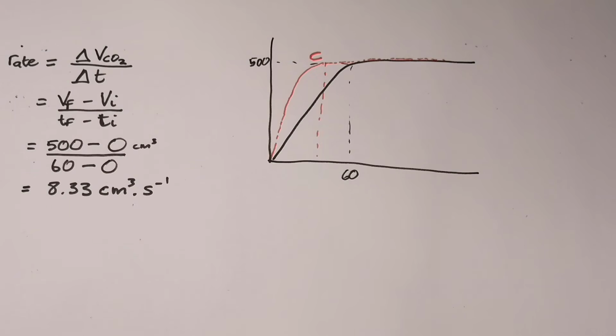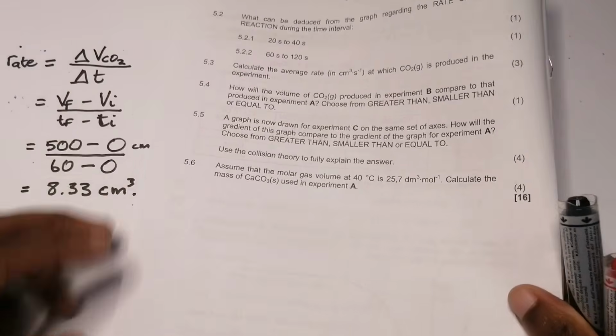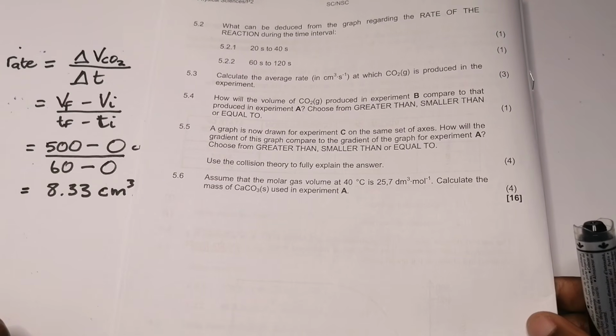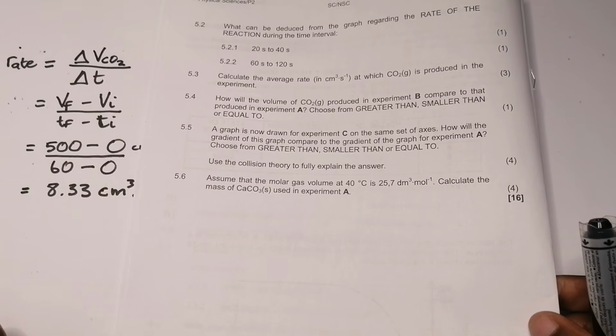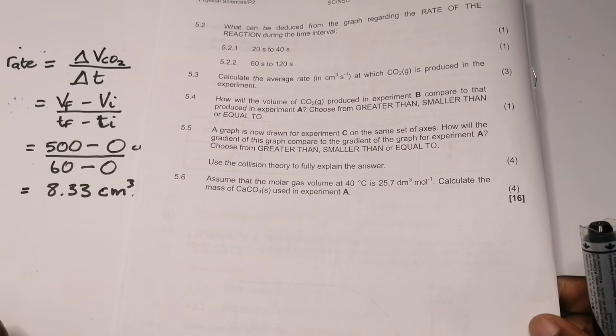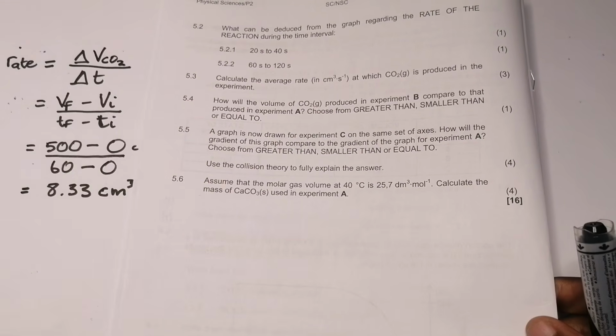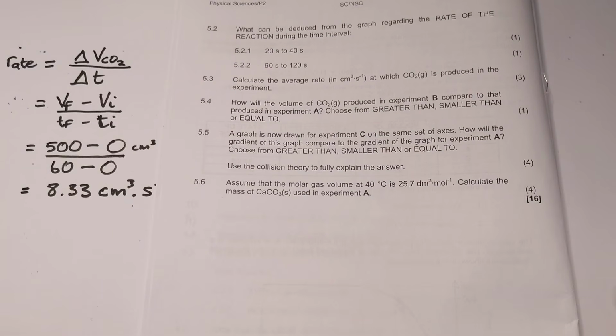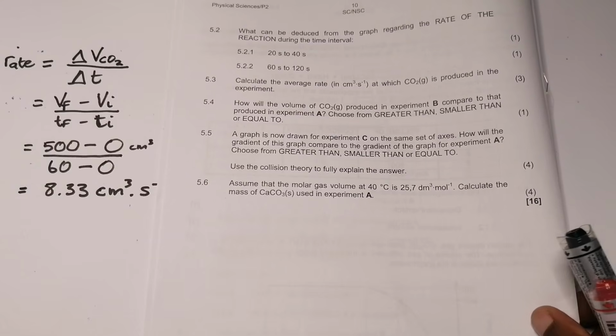Right, now let's get to the last part of the question. All right, as we conclude, with our battery running low. So they say a graph is now drawn for experiment C. I've kind of lost my place there.